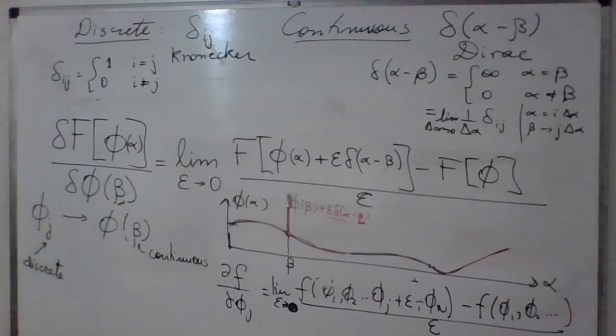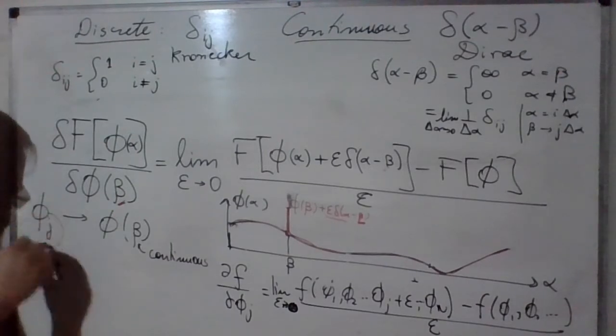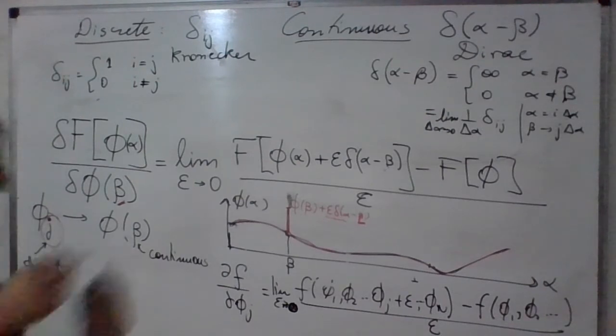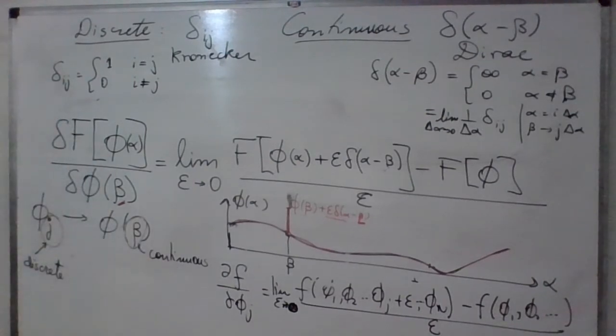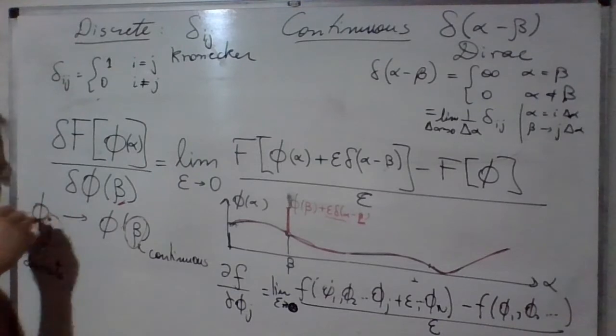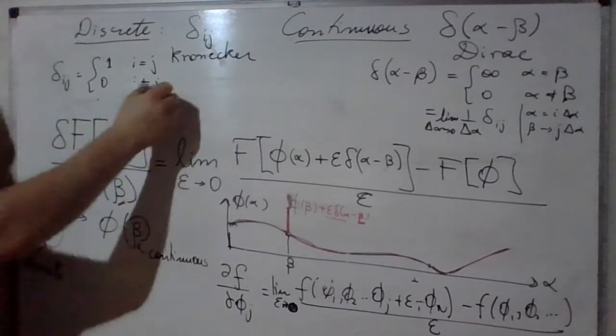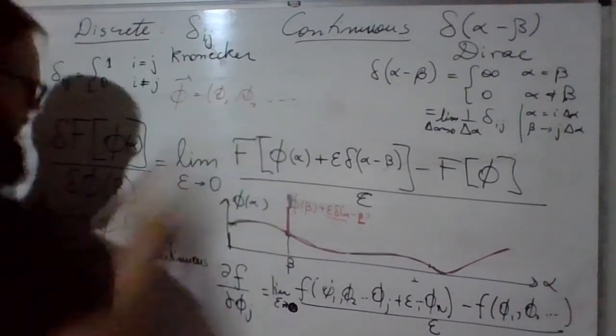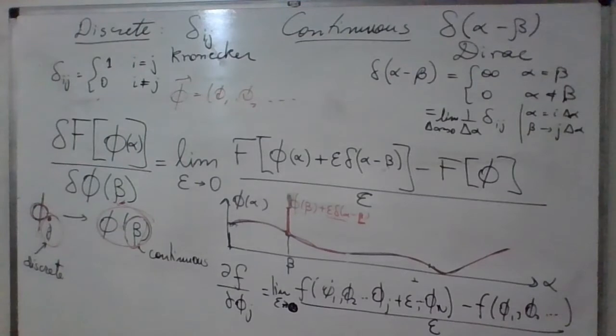becomes a continuous parameter, or in other words, we are replacing j, which is a discrete index, by a continuous index, which makes this phi of j a component of a given vector of variables phi1, phi2, and so on, into a function.